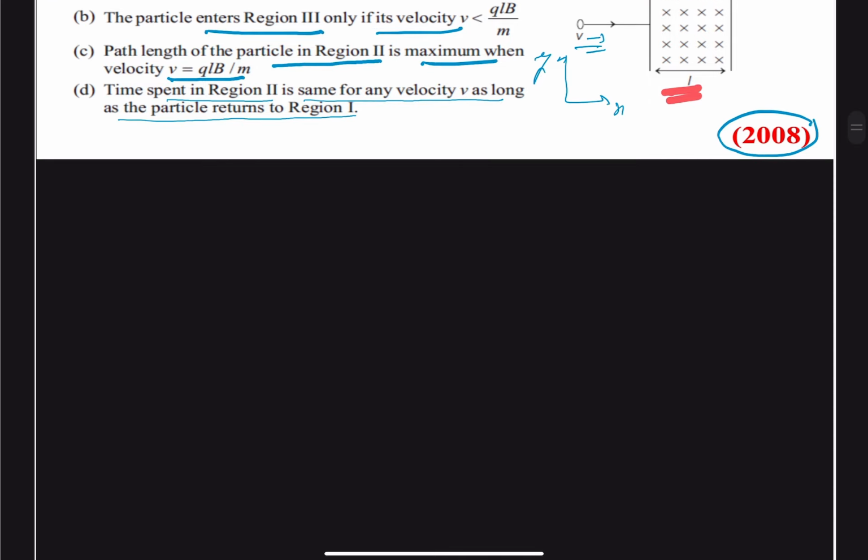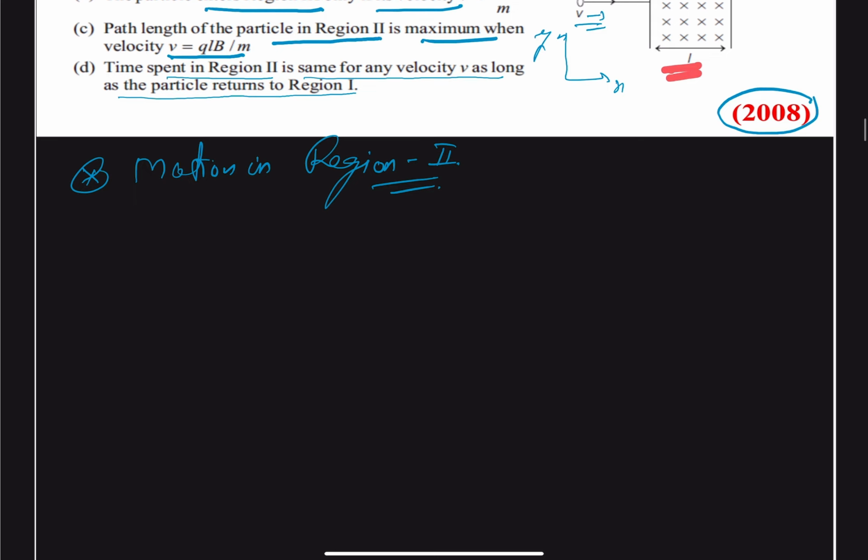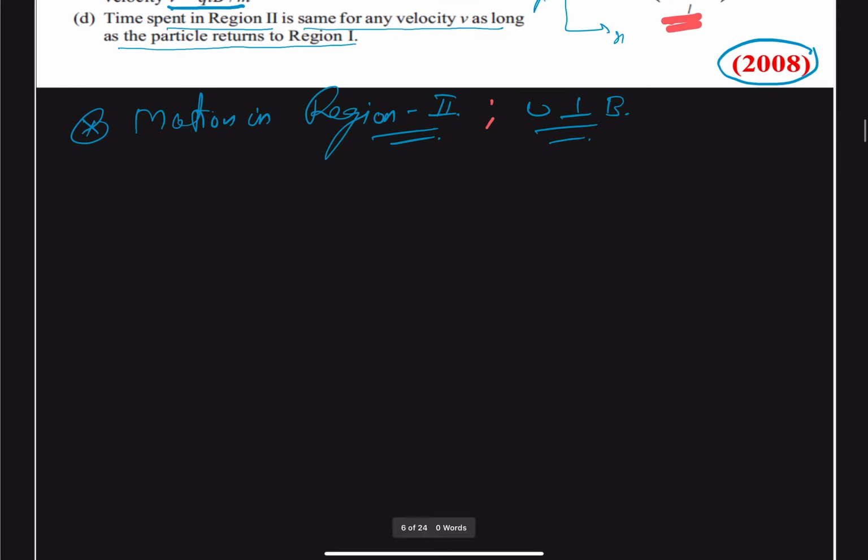So we start with motion in region 2, and we have that our velocity is perpendicular to the magnetic field.